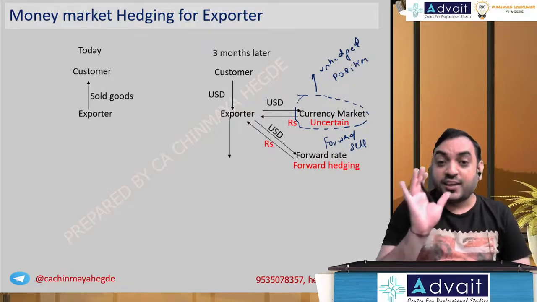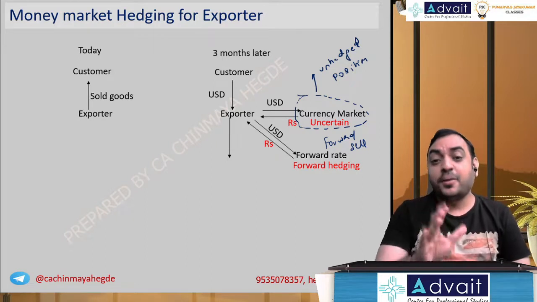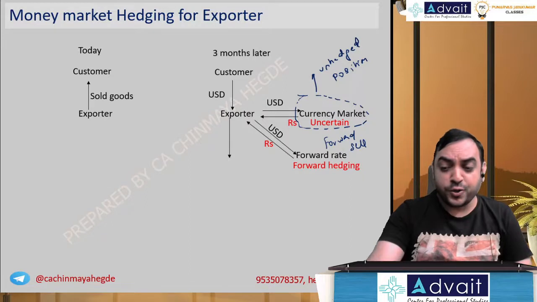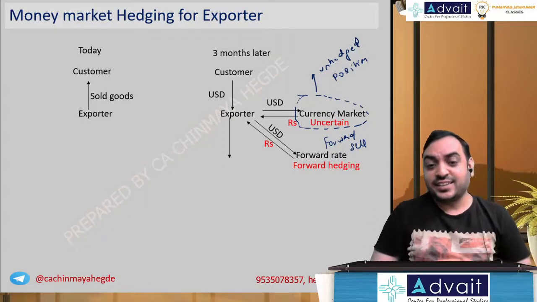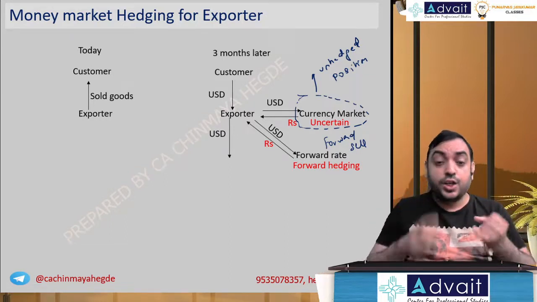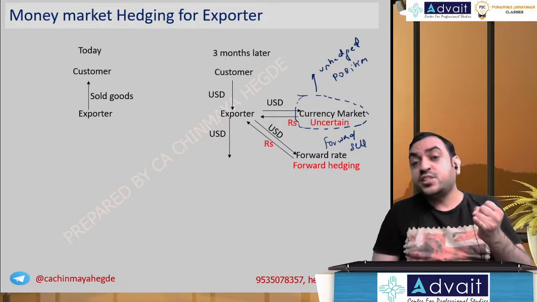Okay, now here is one more method, that is money market hedging. How do we do money market hedging? Think of this now. You have US dollars with you, which you receive from a customer. One option, you can sell in the spot market, that is an unhedged position.